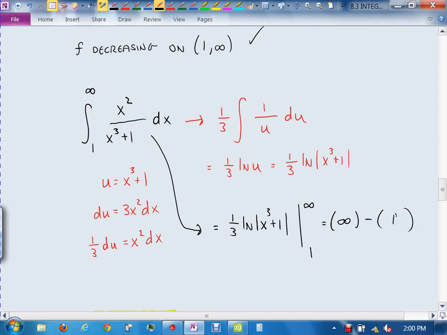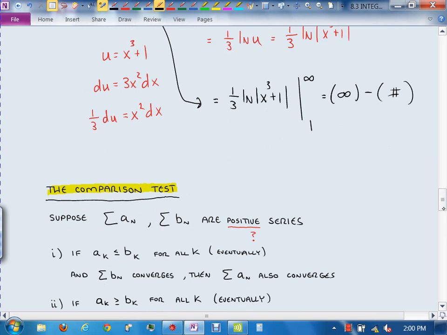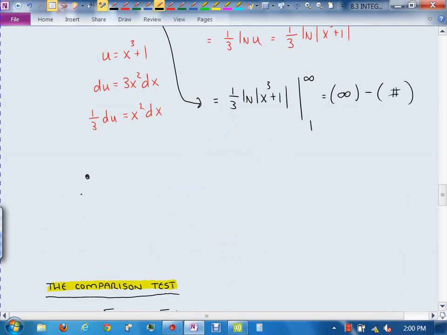Minus some number, who cares? That means it's infinite. Therefore, here's my final conclusion. Therefore, the sum from k equals 1 to infinity of k squared over k cubed plus 1 diverges.